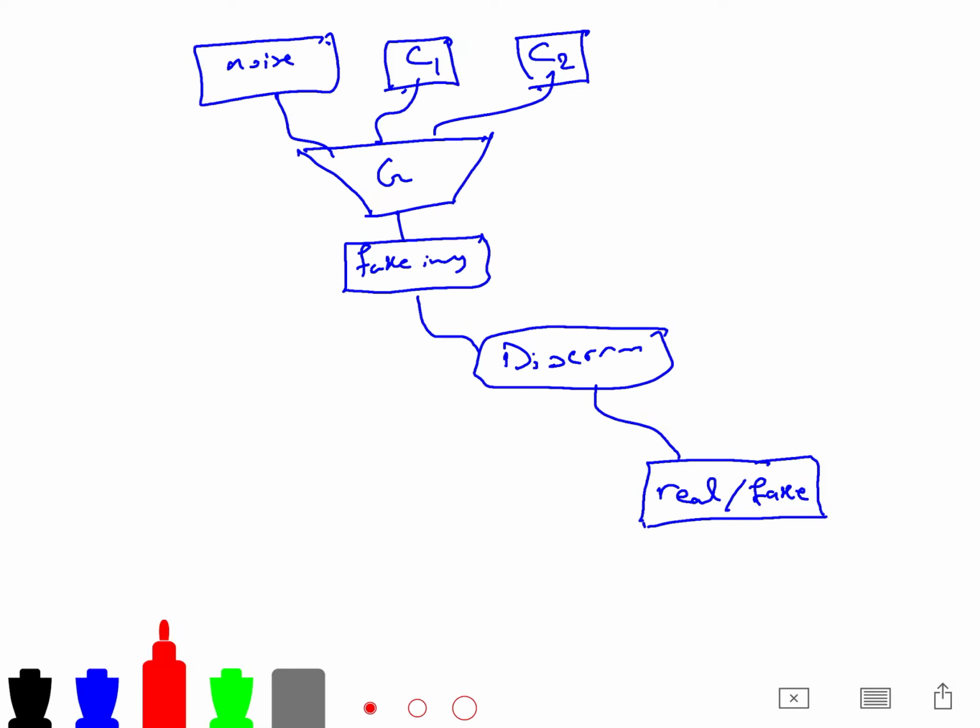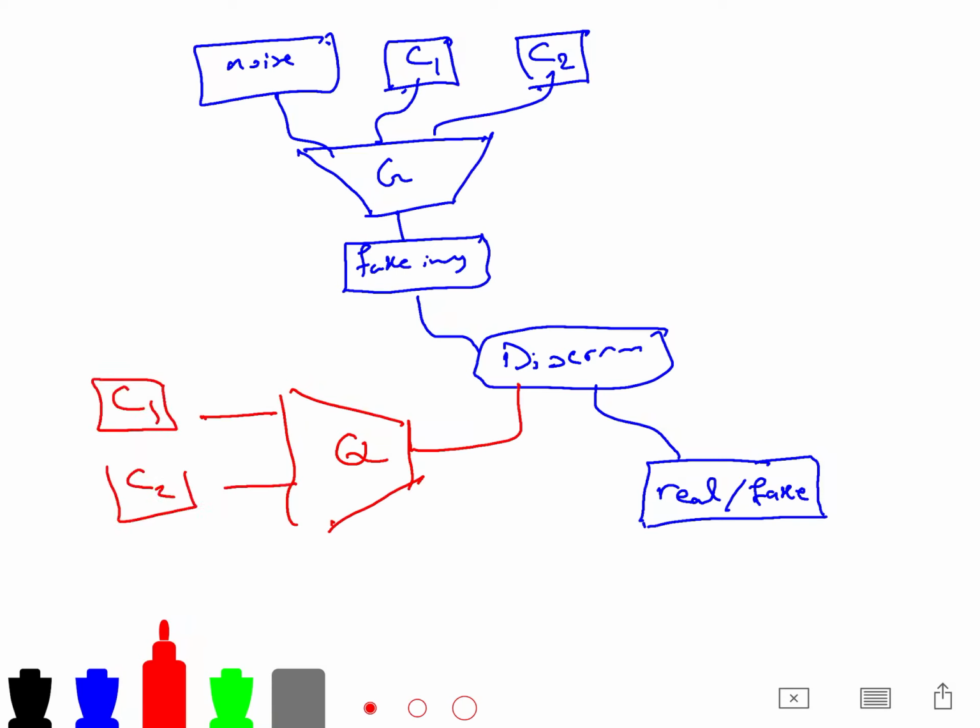But now in infoGAN, which is the generalized GAN, we add another neural network, Q. And it produces C1 and C2.